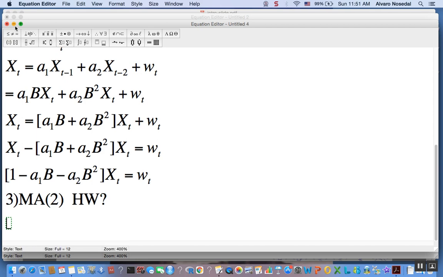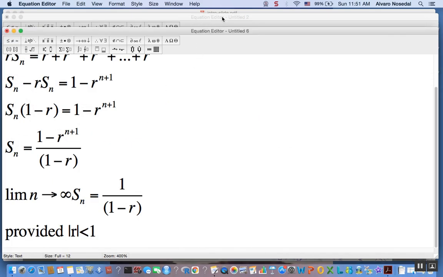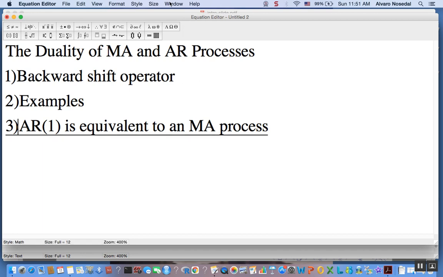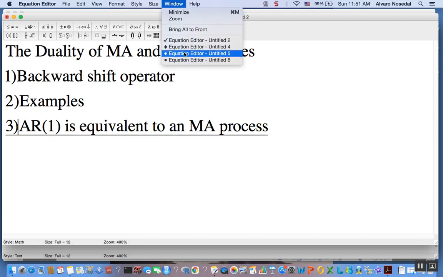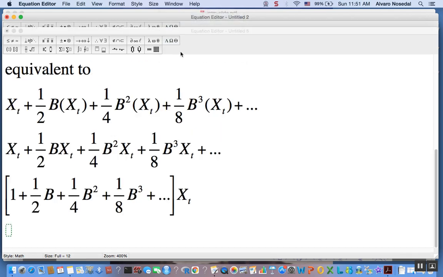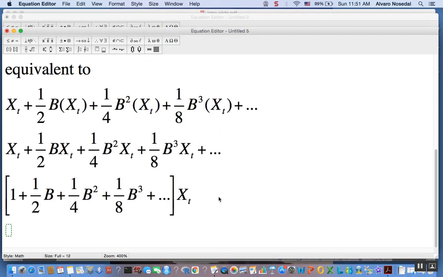The one we want is here. Can you see that we could rewrite this using that formula we just derived?